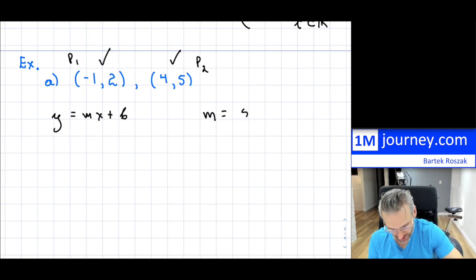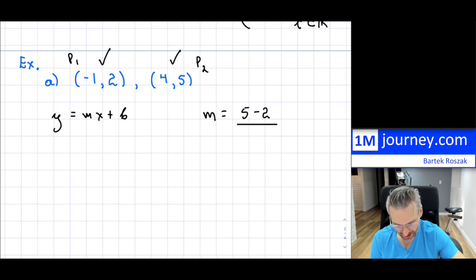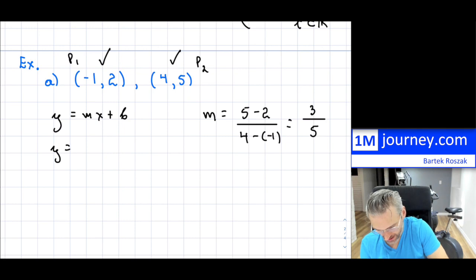So it's going to be 5 minus 2. So that's your y2 minus y1. That's going to be your rise, and then over your run, which is going to be 4 minus negative 1. So that's going to give us 3 over 5. So that's our slope. So y is equal to 3 over 5x plus our b.